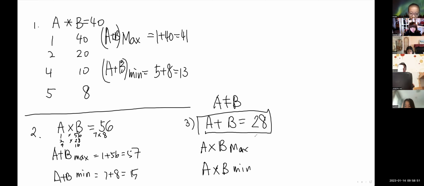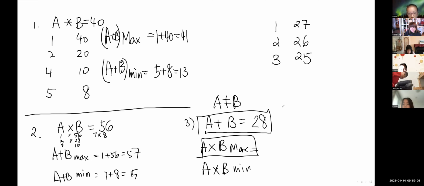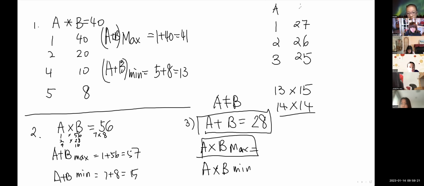Violet 上个星期学的全忘了，那 a 加 b 等于28，对不对？So we learned that we could be 1 plus 27, 2 plus 26, and 3 plus 25, and all the way. But we know that when A and B are close enough, then they could be the biggest product. So we can do 13 times 15. Because 14 times 14 is actually the biggest, but we say A and B cannot equal each other.